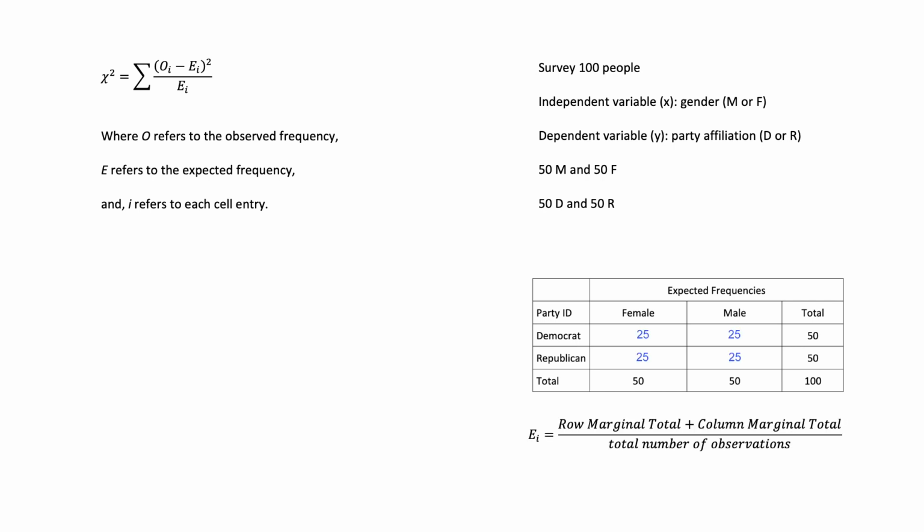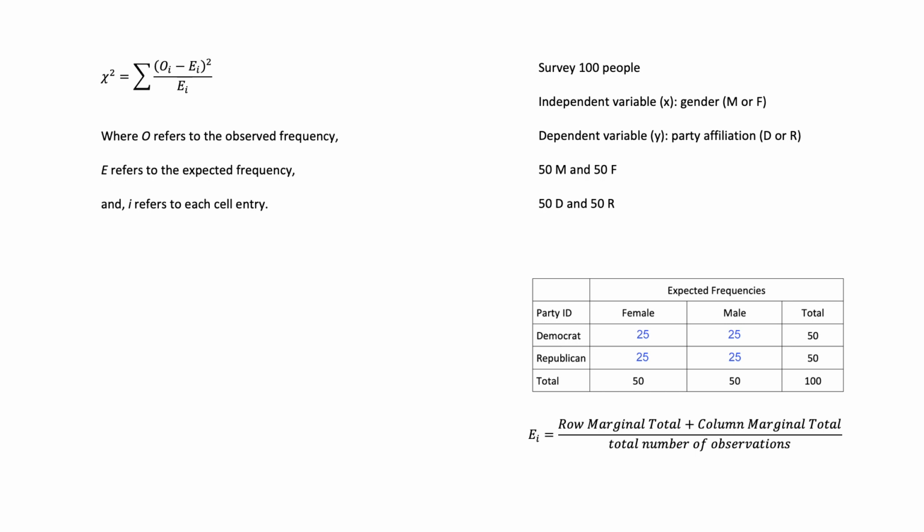So our first step in calculating chi-squared is to figure out what the expected observations should be if the null hypothesis is true. That is, if there were no relationship between gender and party ID, how many female Democrats would we expect, how many female Republicans, how many male Democrats, and how many male Republicans? Now in this example, I've kept the math fairly simple, so if we have 50 females, 50 males, 50 Democrats, and 50 Republicans, the expected frequency for each cell entry would simply be 25.